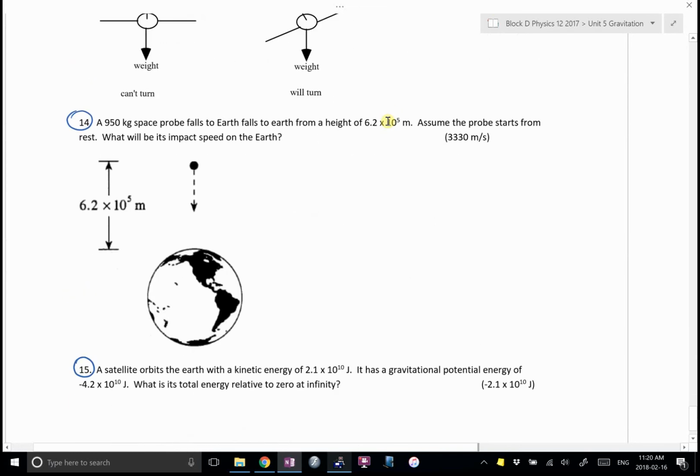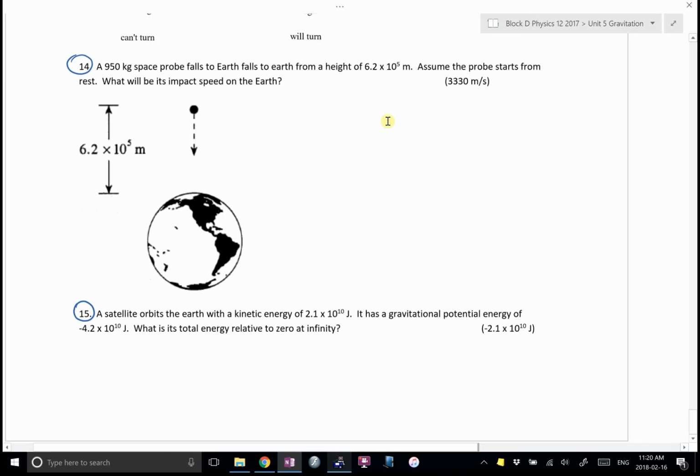What's 14 asking you to find? Impact speed. This is an asteroid collision. Well, in this case, it's a space probe. But asteroids can hit the Earth at pretty big speeds, and they can do a lot of damage. Massive damage. Like the asteroid that's going to hit the Earth in 2034.